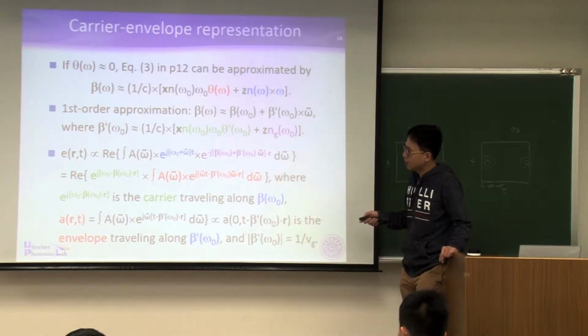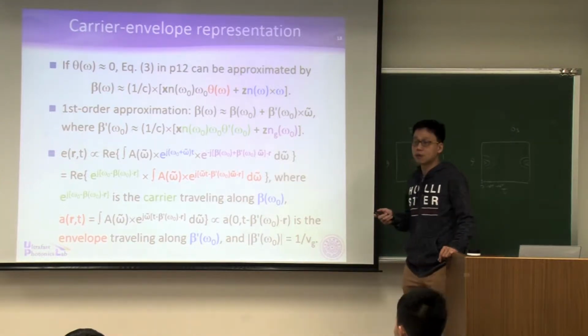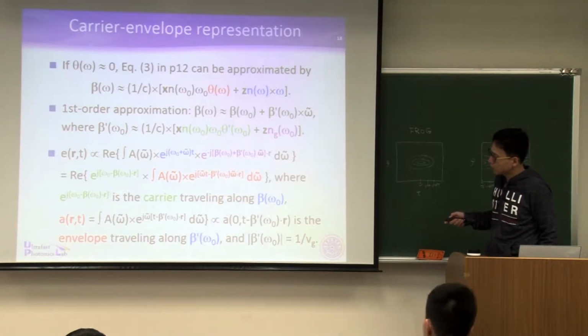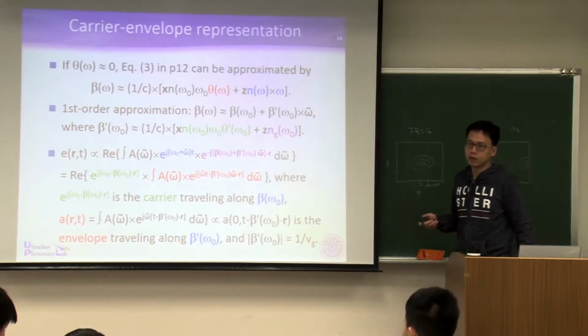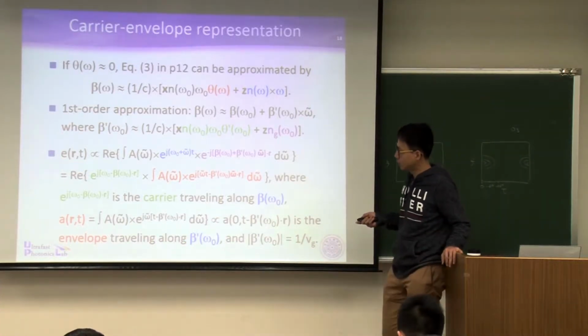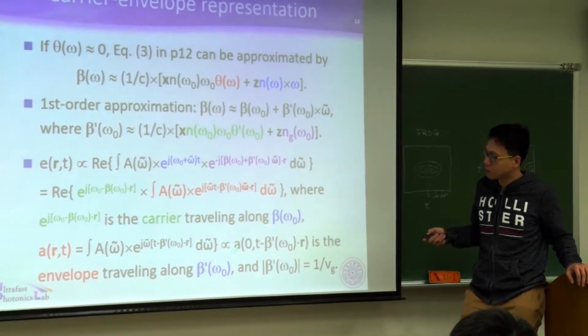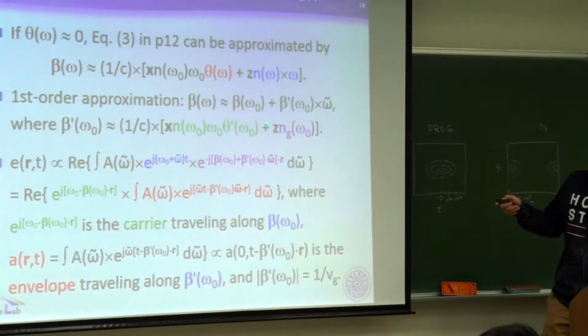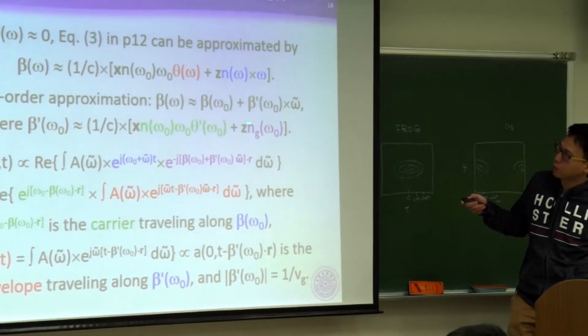However, A(r,t) means the envelope function in the time domain. And the model shows the propagation direction is the beta prime vector, after first order derivative. It should be different from the beta vector. Just like this equation shows, this is the beta prime vector.